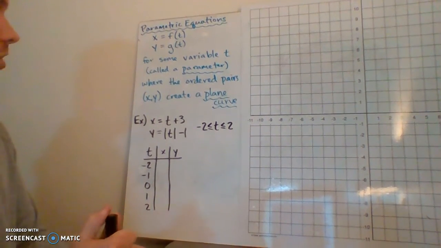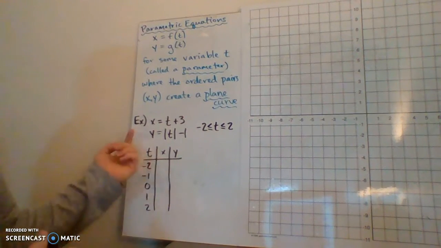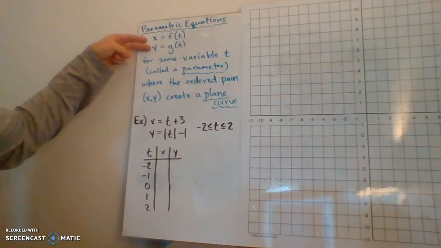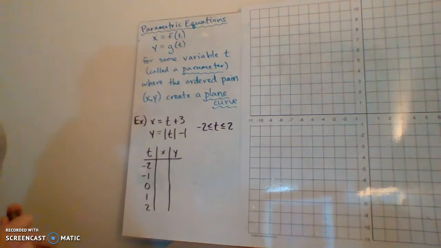So let's go ahead and take a look at an example. We've got x equals t plus 3 and y equals the absolute value of t minus 1. So we've got our two different equations, x equals and y equals, both in terms of our parameter t.